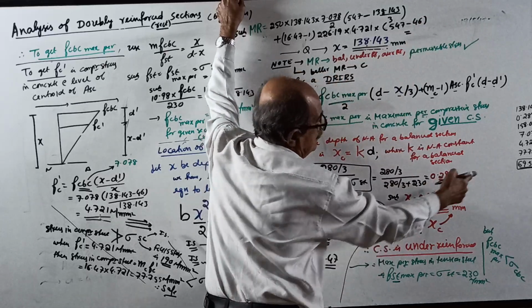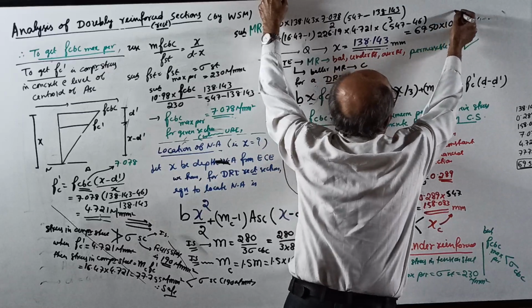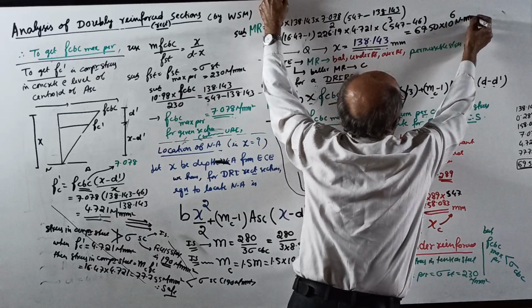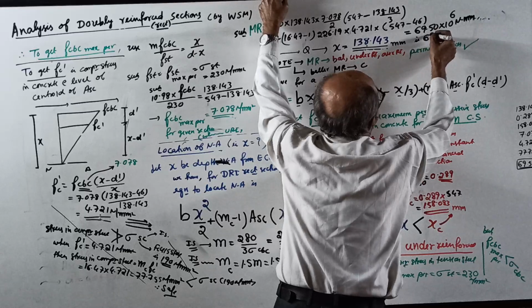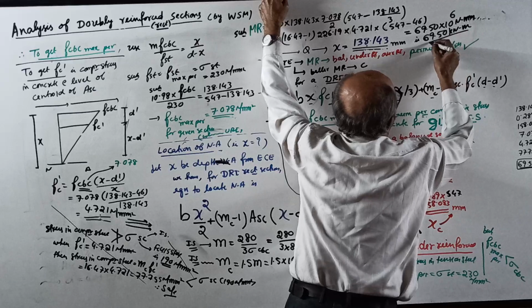Your answer will be 69.50 into 10 to the power 6 Newton millimeter. That is 69.50 kilonewton meter. Okay, over.